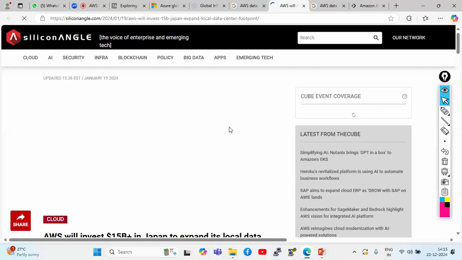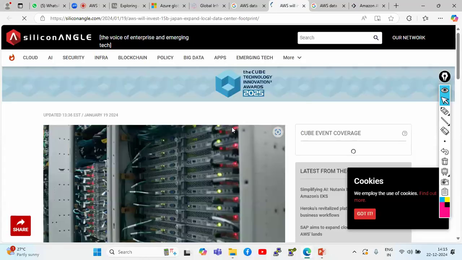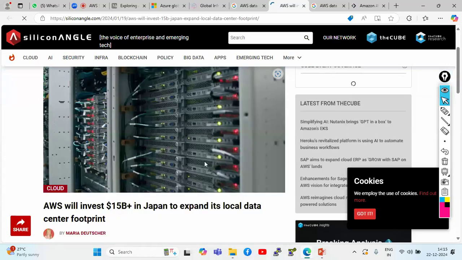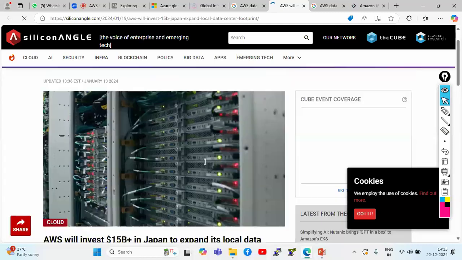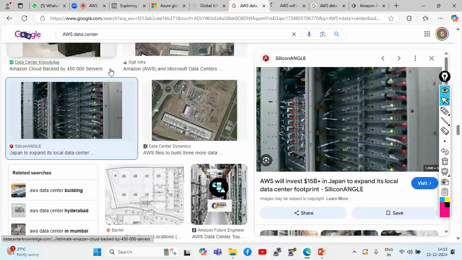So you can see exact copies of images. These are all your servers or network devices. It could be servers or it could be network devices which will be installed in the racks.